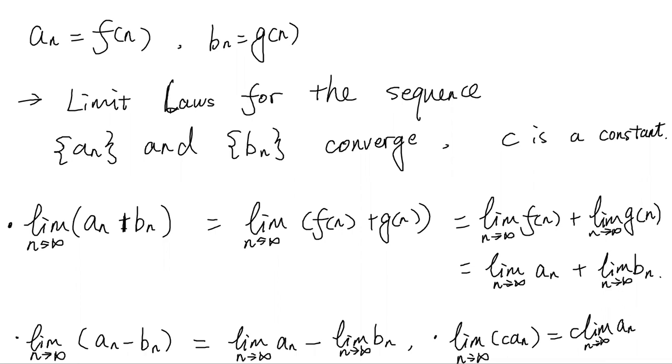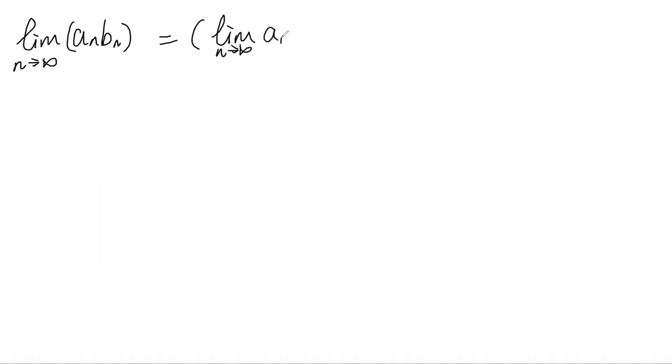And then there's the product of the sequences. The limit of the product is equal to the limit as n goes to infinity of a sub n times the limit as n goes to infinity of b sub n.